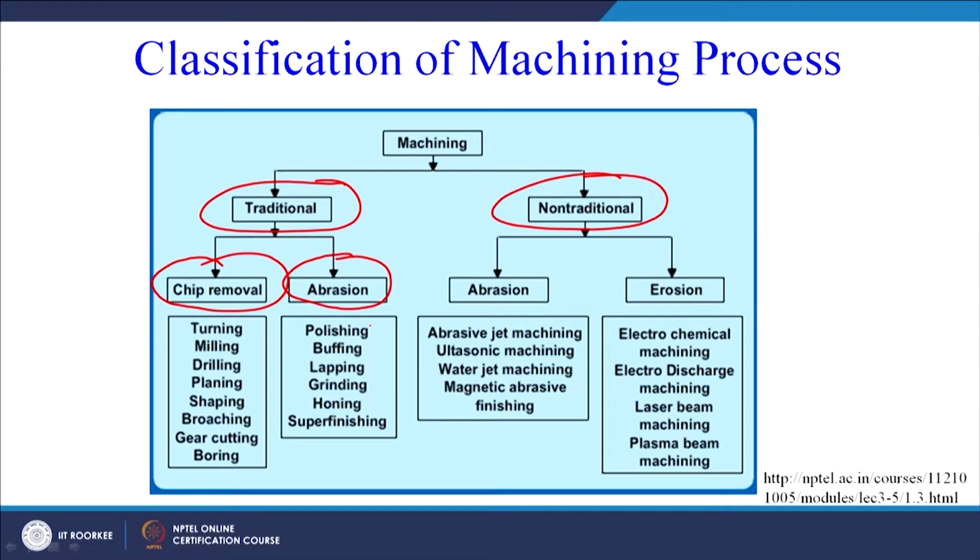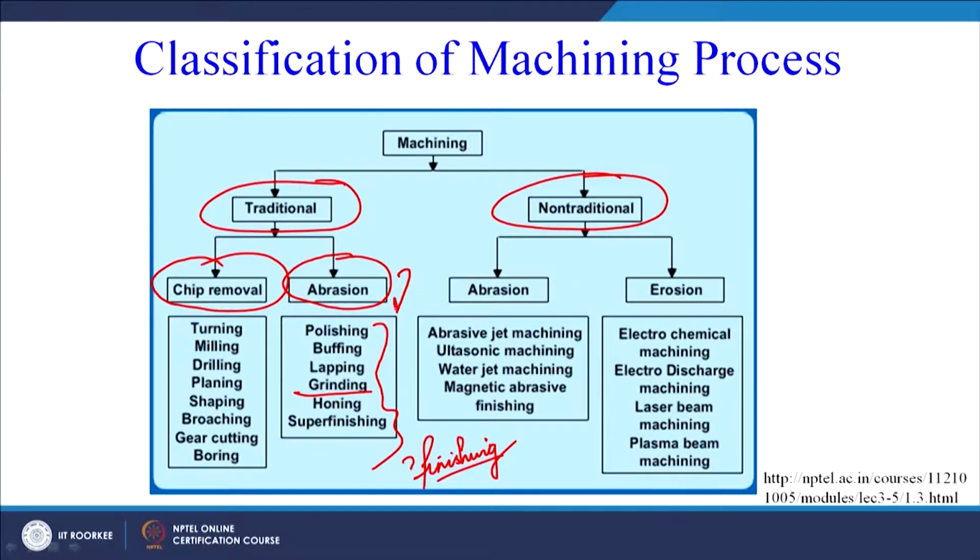These are usually called finishing processes, and we will discuss the design guidelines for grinding and some of the other processes as time allows. Grinding is a very commonly used finishing process for giving the desired surface finish to our product. Mostly these abrasion processes are finishing processes.